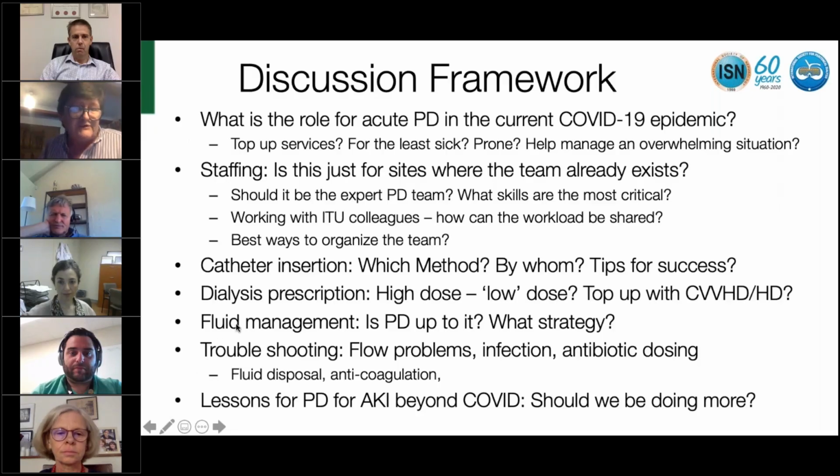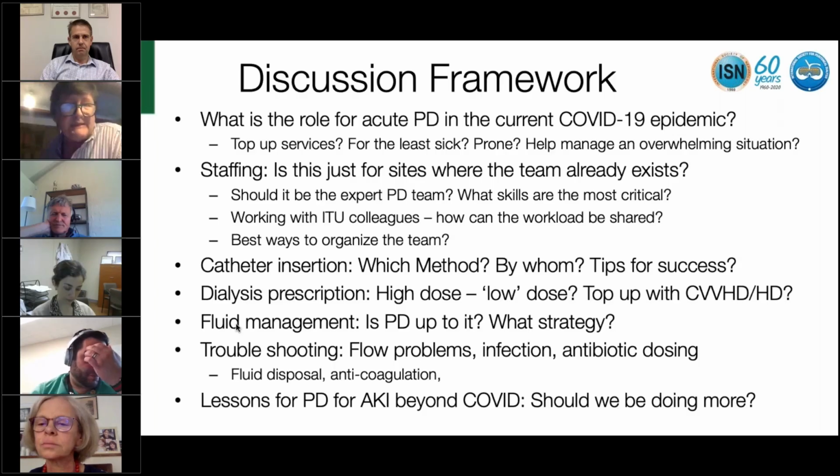So in terms of the discussion itself, I have put together a bit of a framework for this discussion today, just to make sure that we really cover all the issues that we want to get through. We will talk a little bit about the role for PD. We'll discuss staffing issues, which I think are a major issue in this area.